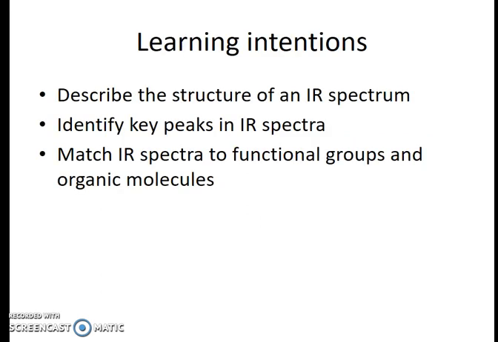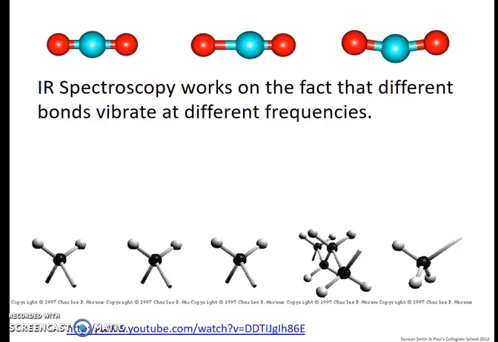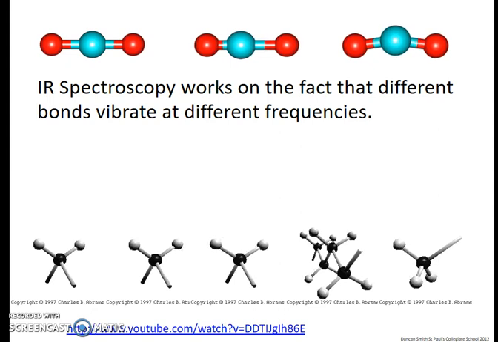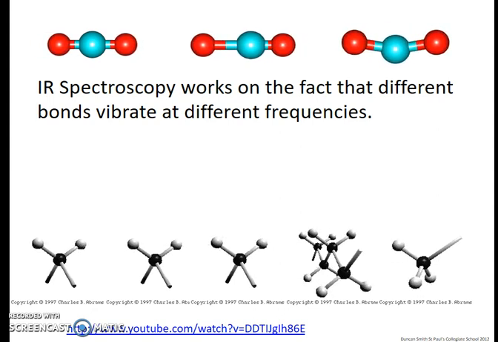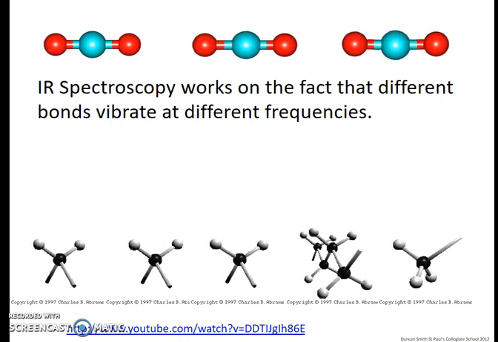Now, what we're going to look at today is how an IR spectrum is organised or structured, and some of the key peaks that you want to be looking for in your IR spectra. We may or may not get onto matching spectra to functional groups. Okay, so like I say, the premise is that each of these bonds vibrates at a different frequency.